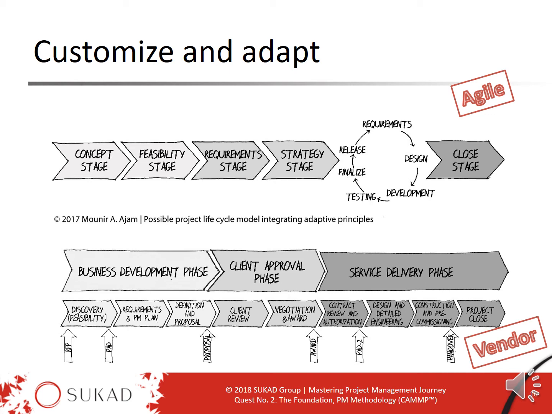So you notice the first part of this life cycle is in line with the standard model that we have showed you. You have to go through these different steps as project owner of the organization.